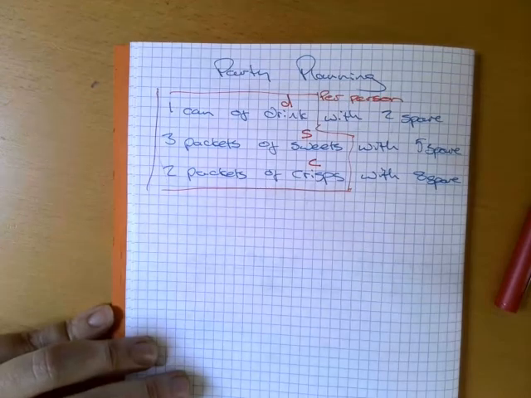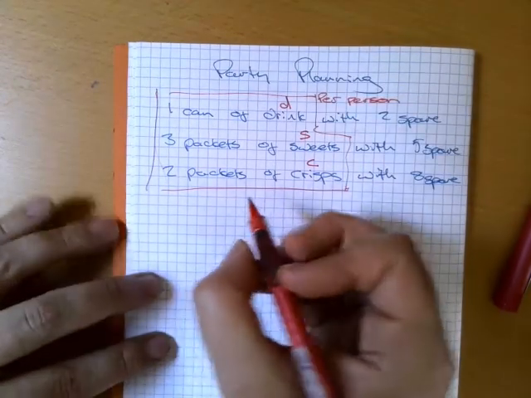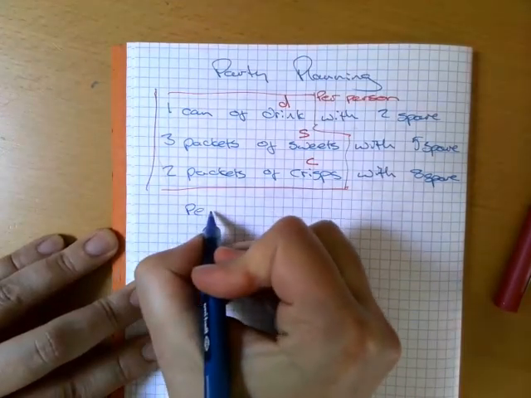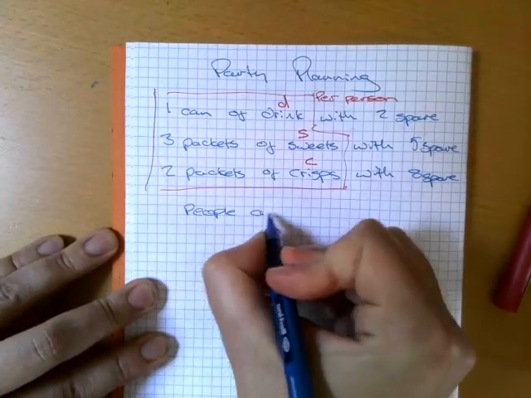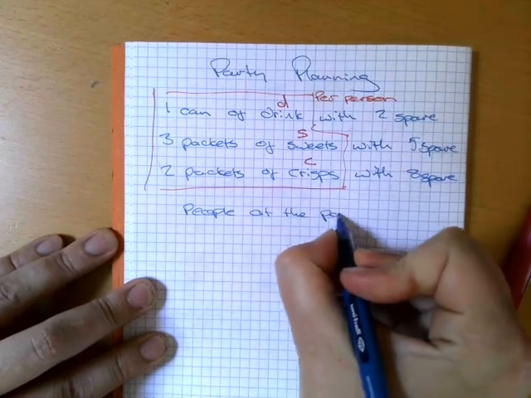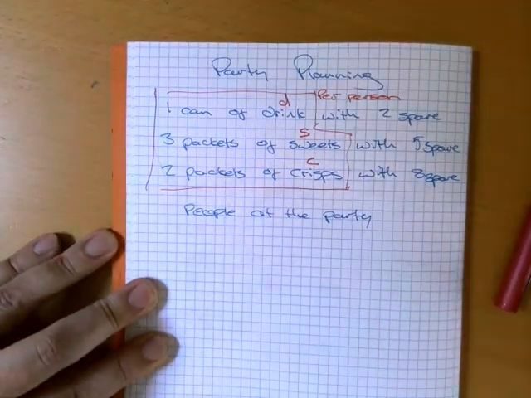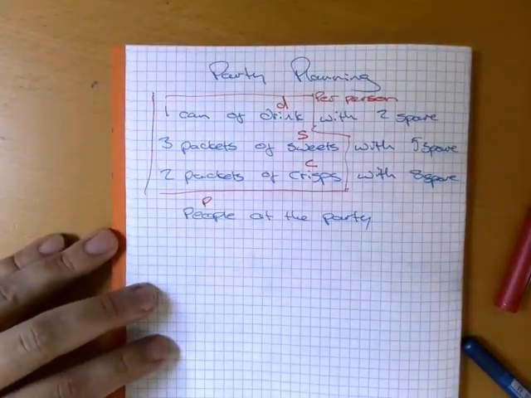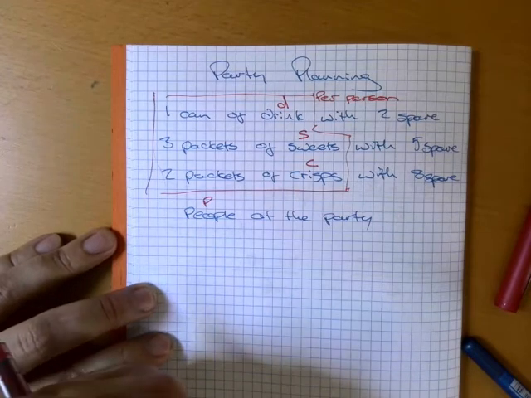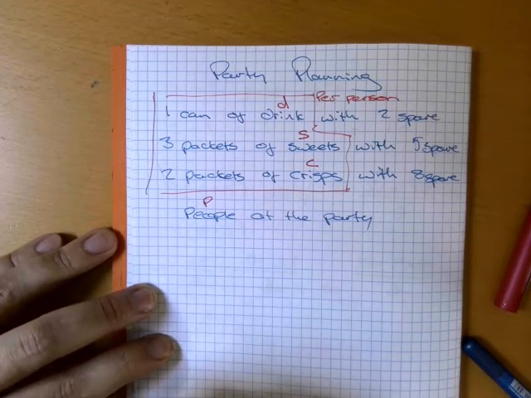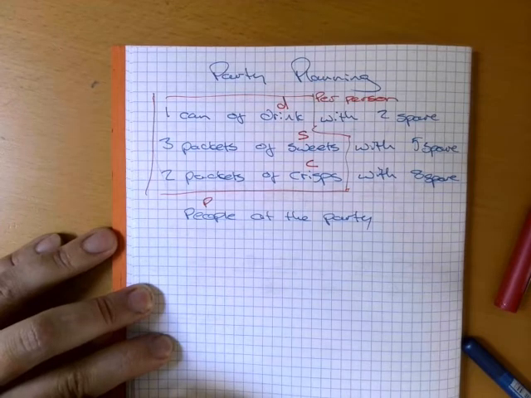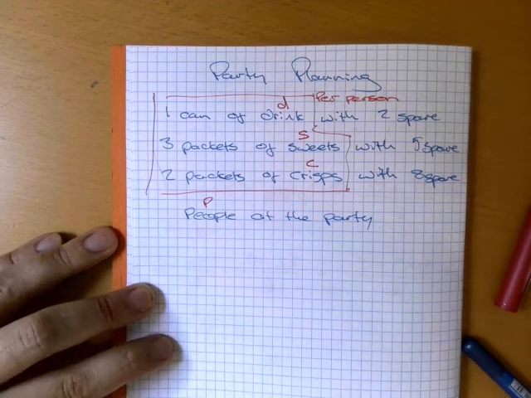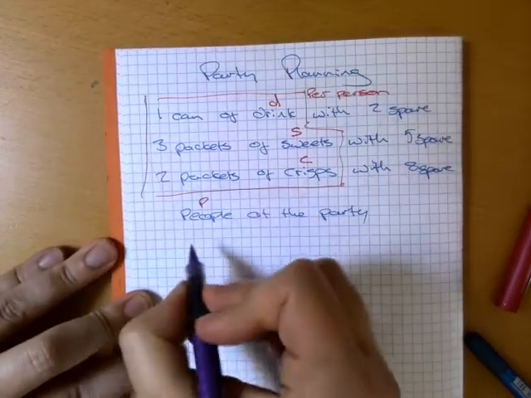And the other thing we need is a letter to represent the people at the party, and we'll use the letter P for people. Now I'm going to make some formulas so we can work out how many cans of drink I need, how many sweets I need, and how many packets of crisps I need, depending on how many people are at the party. So let's start off with drinks.